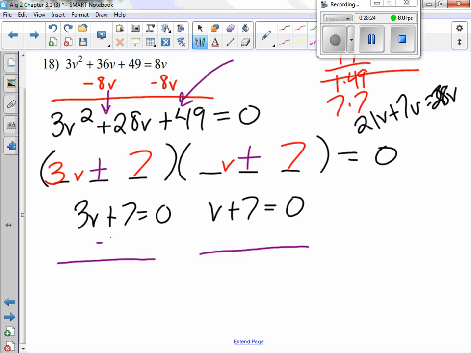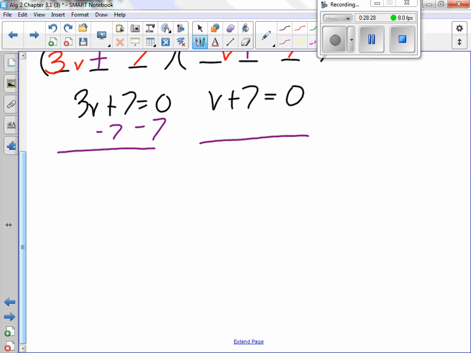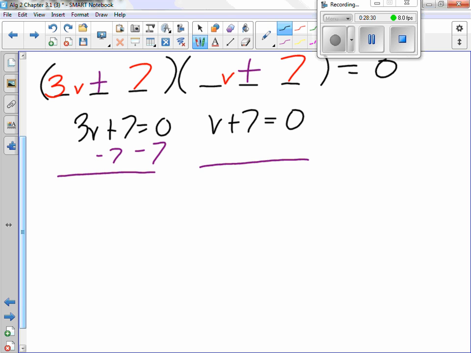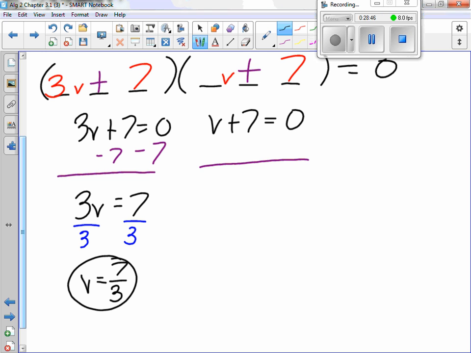So for this one here, we would subtract 7 from both sides first, which will tell us that 3v is equal to 7. And then we would divide by 3 to get that the value of v is 7/3.